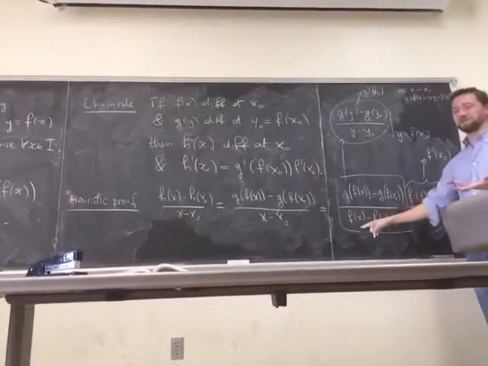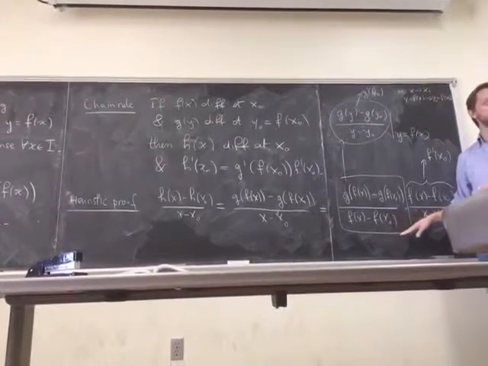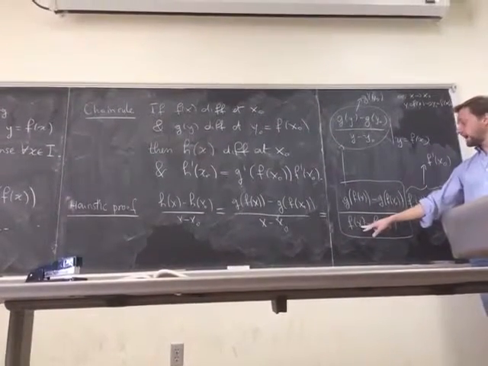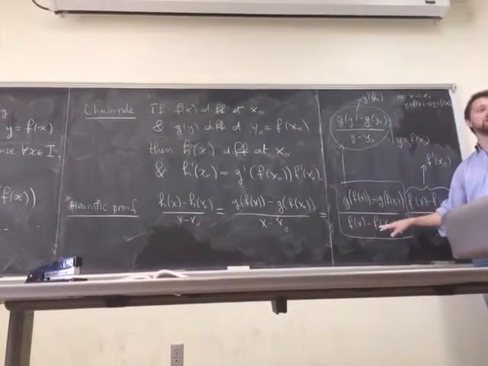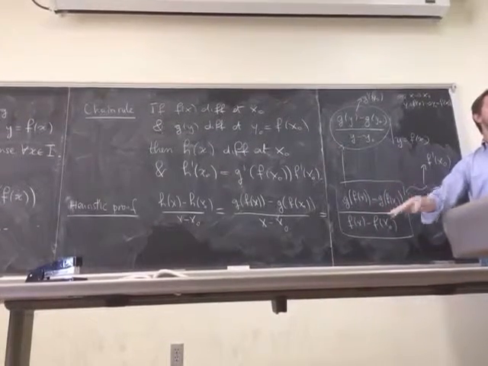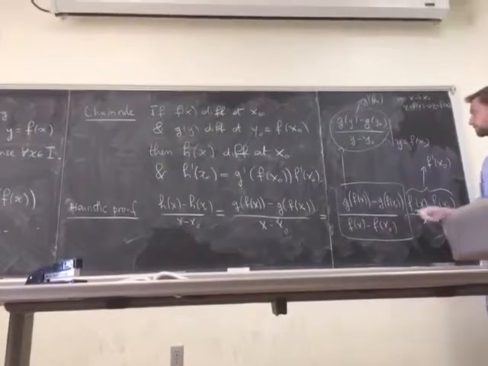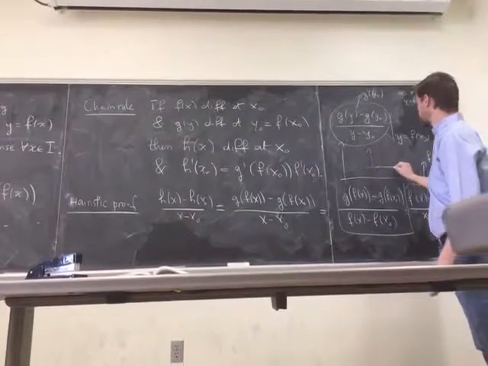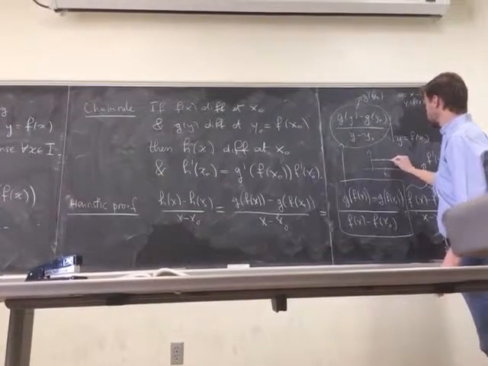by this f of x minus f of x naught. And so I should in principle worry: what happens if f of x takes the value f of x naught infinitely many times when x goes to x naught? It's not exactly clear that I can do this. Say that my function f of x looks a bit like that, so this is x naught, and this is f of x naught.